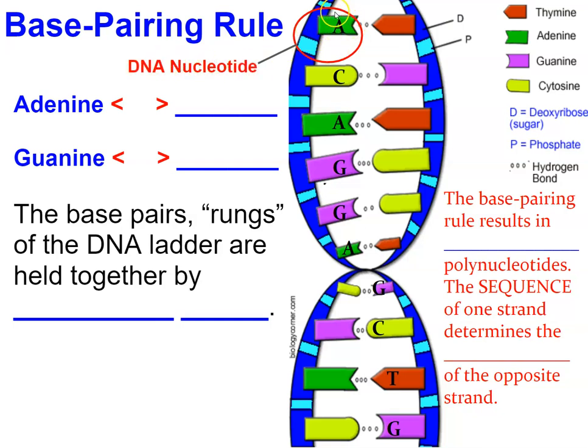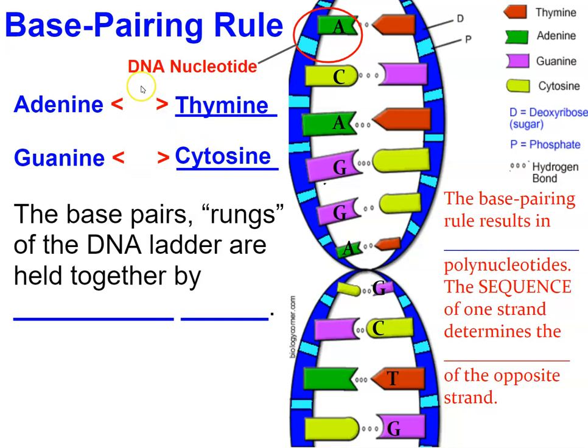So this represents one nucleotide, a little different than what we saw on the previous slide, but not much. And then, of course, adenine binds with, you know it, thymine, and guanine binds with, yeah, cytosine.